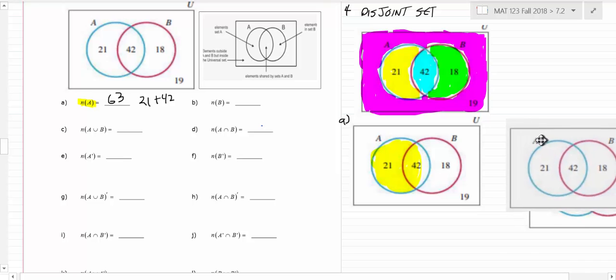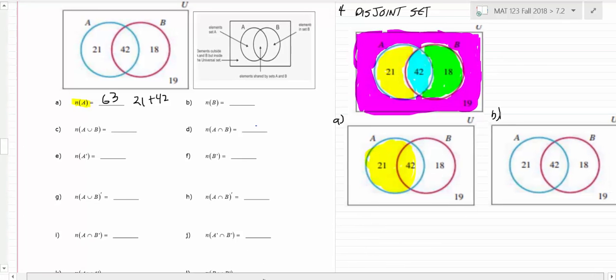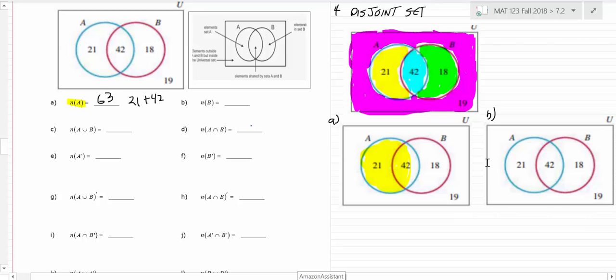Again, I'm going to do these as I go. If it's beneficial for you to write this down, you can, or you can pause the video at any time, but you don't have to. If you watch and understand, I think you'll be okay. Now we're looking at the number of elements in B. It's the same idea.